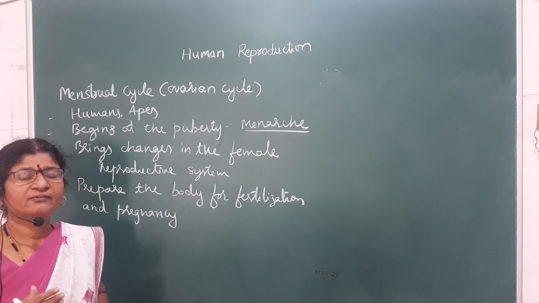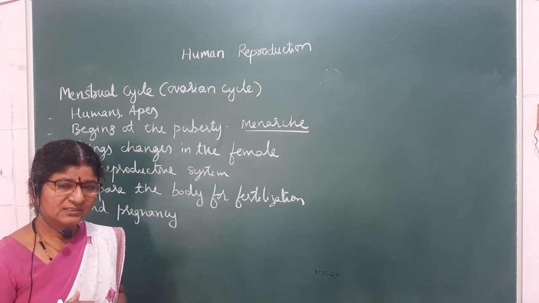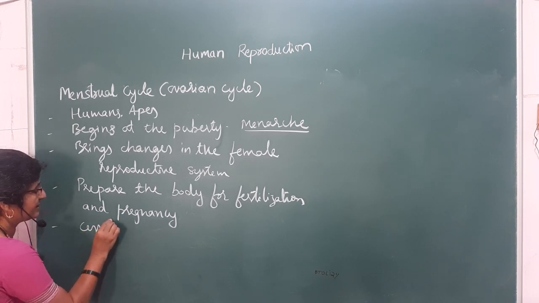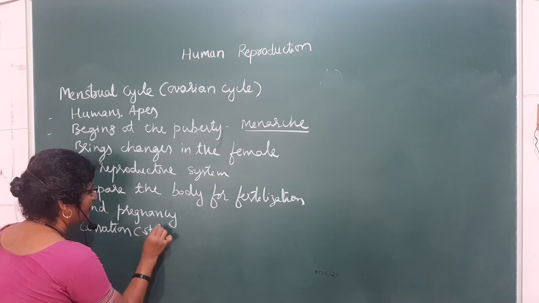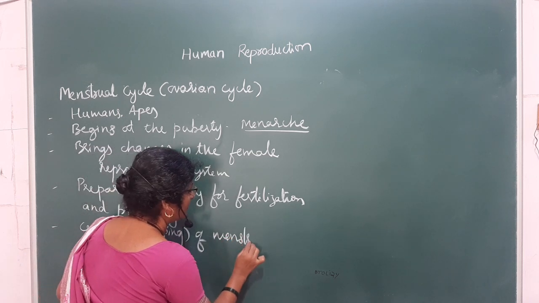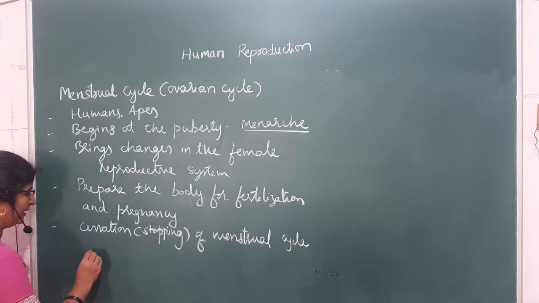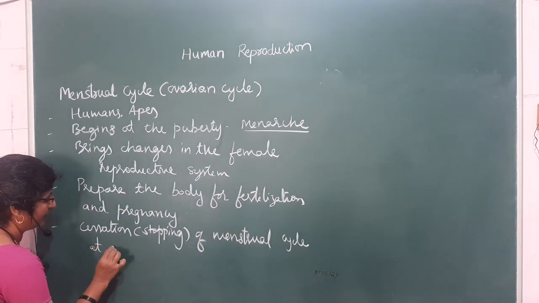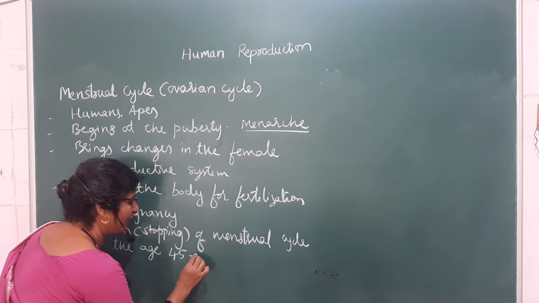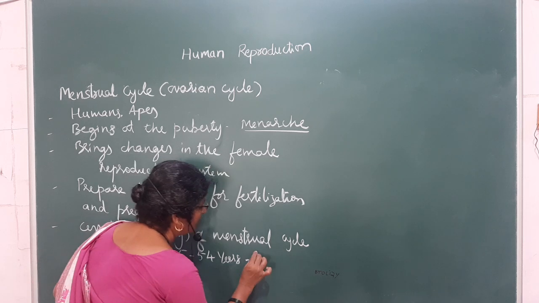That is nearly from 45 to 54 or 55 years. The cessation or stopping of the menstrual cycle nearly at the age of 45 to 54 or 55 years is called menopause.